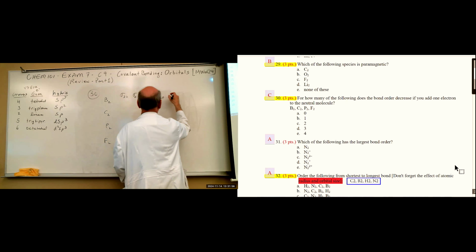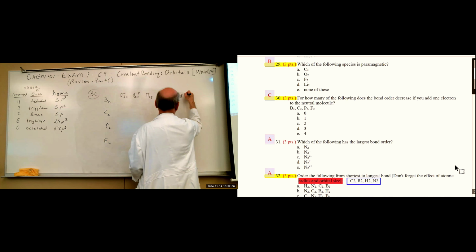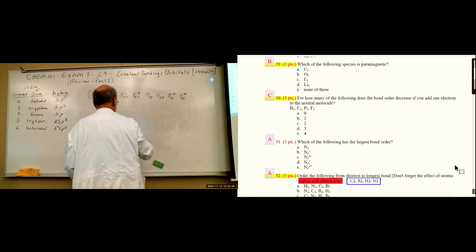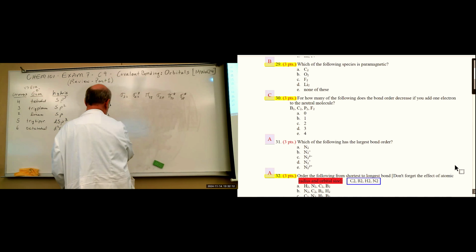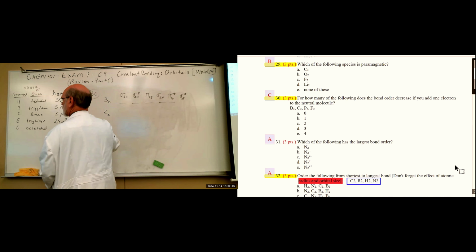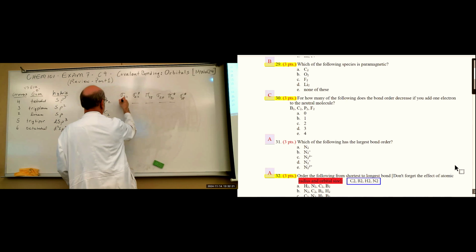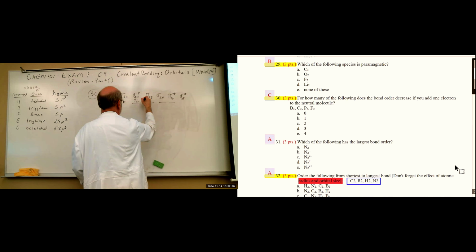Let's go ahead and add some more. And this would be pi star. This would be sigma star. Okay. Then we can work our way down. For this one, and that one, but not this one. So we'll have to do this one separate. So boron has 6: 2, 4, 5, 6.